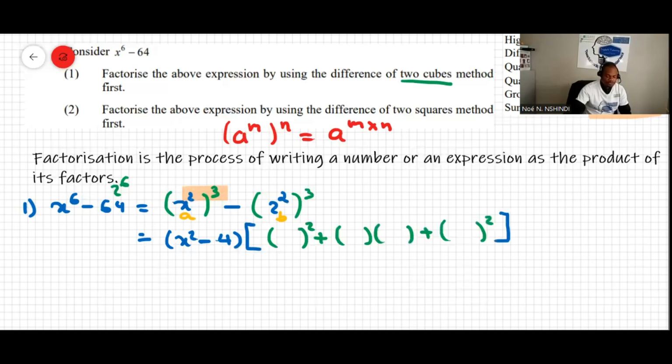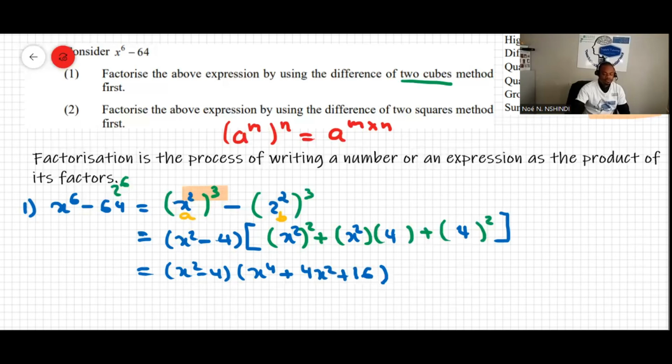Then I can substitute the values. A is x squared, b is 2 squared, which is 4, and b squared is going to be 4 squared there also. This would then be x squared minus 4, open bracket, x to the power 4 plus 4x squared plus 4 squared, which is 16. That's the 2 cubes method.